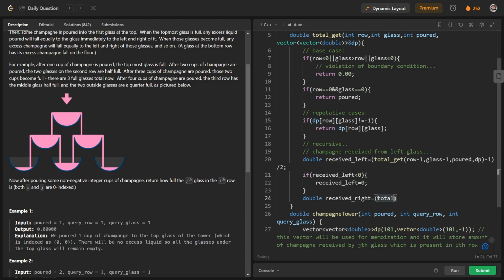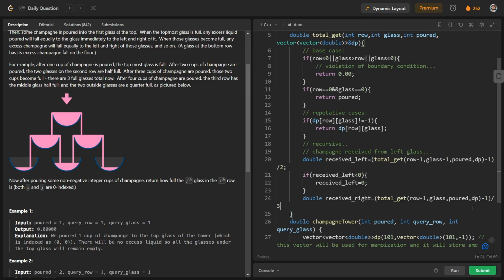So total get: we will first calculate the total amount of champagne received by row -1, glass. We will reduce it by 1 because this amount will be stored, and again we will divide it by 2.